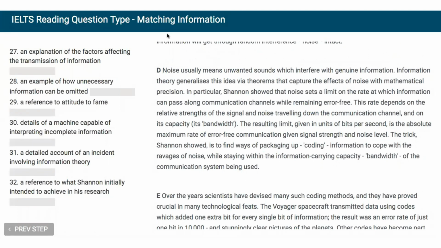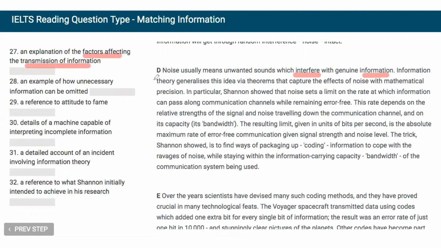Again, first I see here interfere, which was something that we looked at in our key information. We see interfere with information, okay? And then I want to look again for information because I had factors affecting transmission of information.